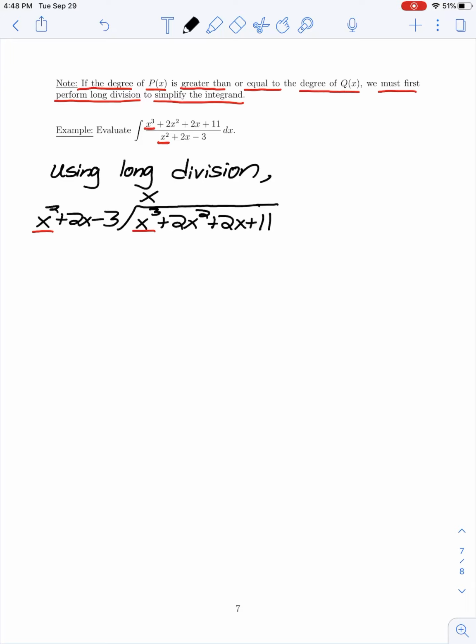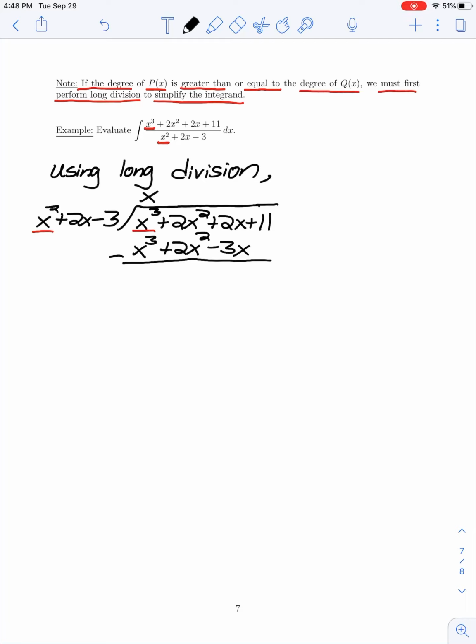So taking x times this denominator, x squared plus 2x minus 3, I would have x cubed plus 2x squared minus 3x, and I would then subtract that value from our numerator.